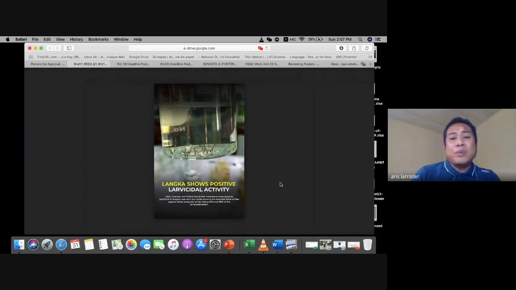This one, langka, shows positive larvicidal activity. Well, this one is interesting, but by how much? So, for example, a brand of soap touting this can kill bacteria by 99.99%, something like that.